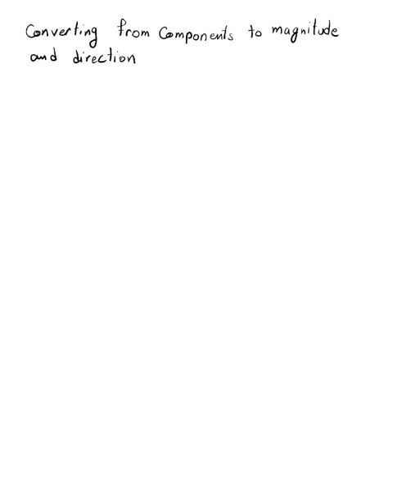Now let's do it the opposite way. What if we have the components of a vector and we want to convert it to magnitude and direction? Sometimes this is what happens. For that we need to look at another vector. Let's say this is my vector A, and let's say that this is my coordinate system x and y.